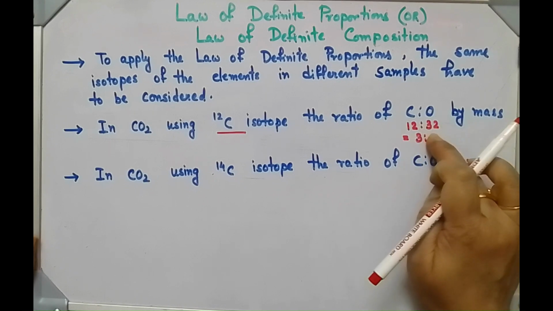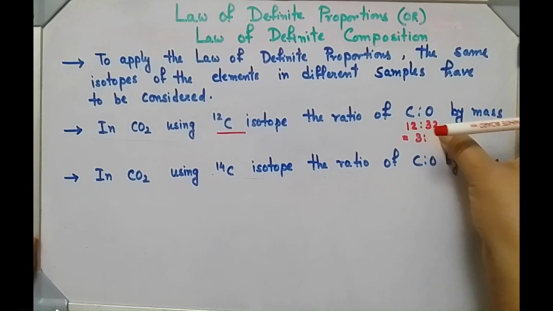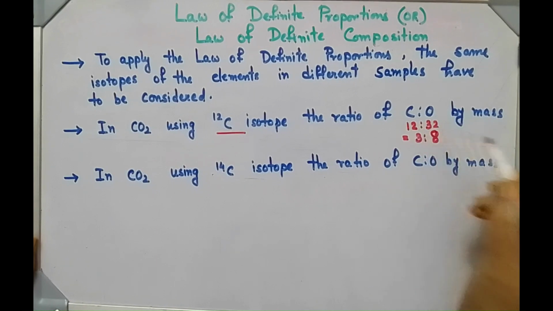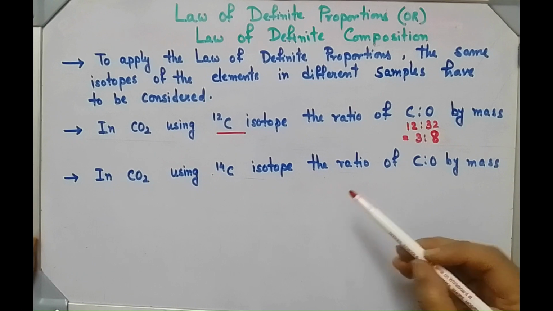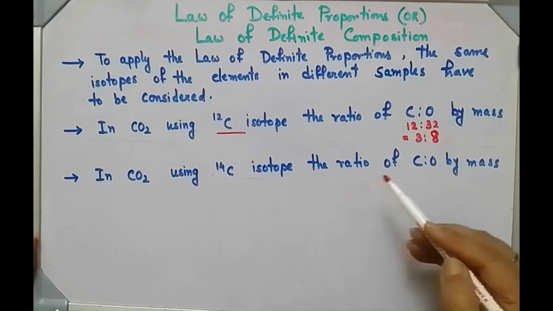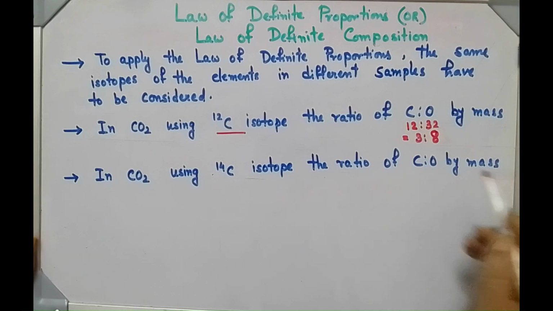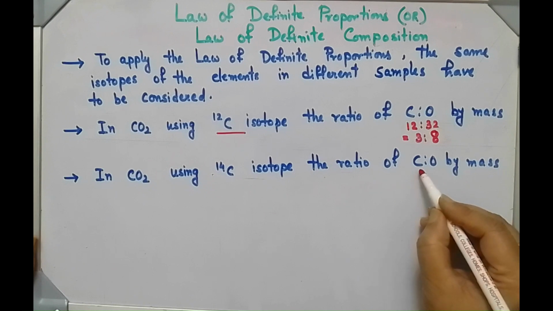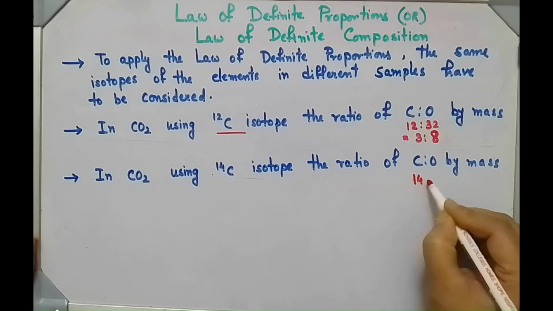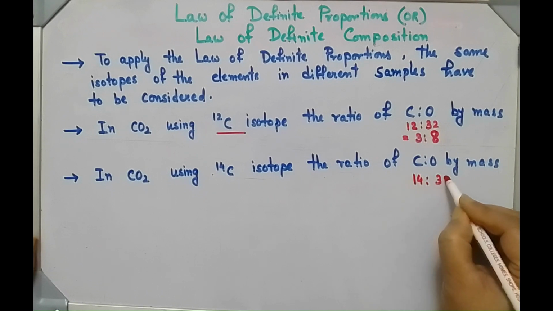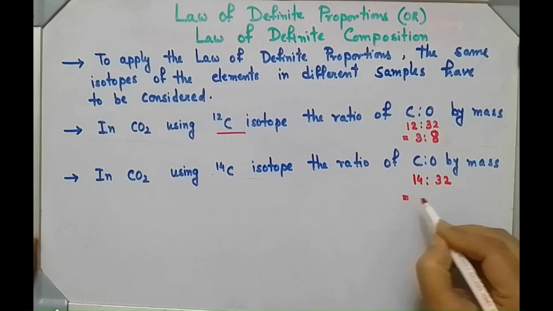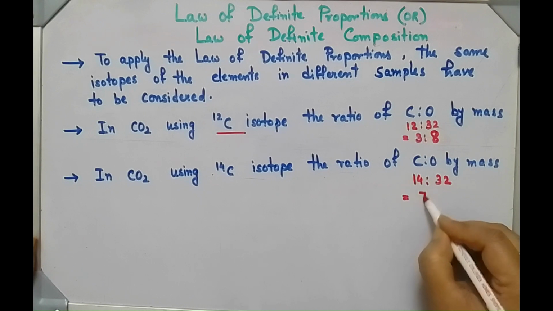And in carbon dioxide, using carbon 14 isotope, the ratio of carbon to oxygen by mass will be, carbon is here, atomic mass is 14. So 14 is to 16 times 2 is 32, if you simplify, it is coming 7:16.